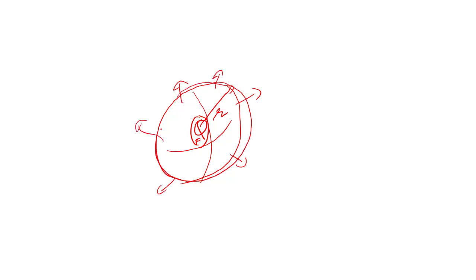Then, as we have seen, we can just do the flux. So whatever is the field at the center that is flowing out, that dot dA, where dA is the surface of the sphere at radius r. So if I do that, I'm going to get this E dot dA.